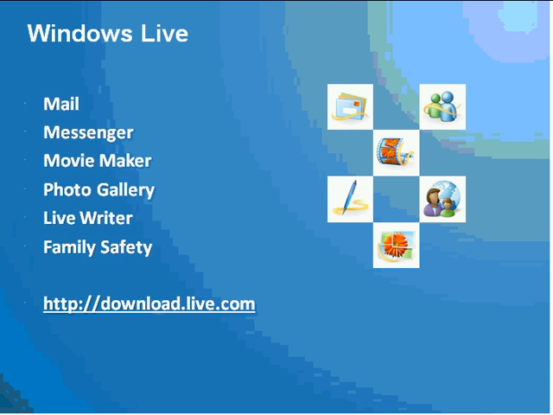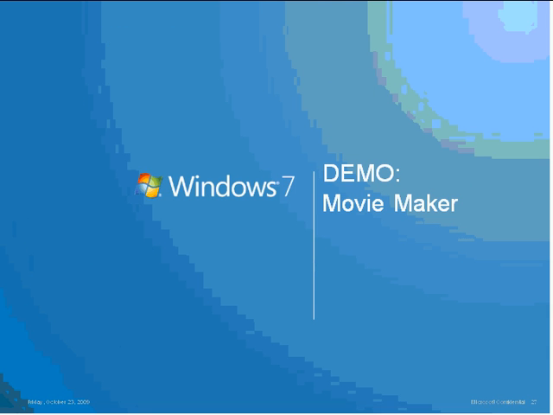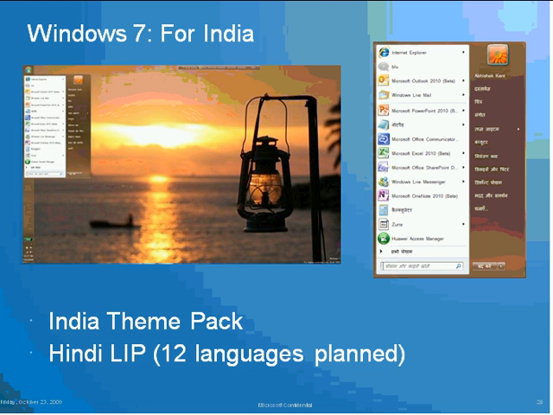We will be delving deeper into Windows Live in one of the webcast series. So I've not spent too much time on Windows Live here, and Windows Live Writer obviously is for blogging and supports multiple engines for blogging. We wanted to show you a bit of Movie Maker as well, but since there are a lot more questions, if we have time at the end, we will get into this at one point.